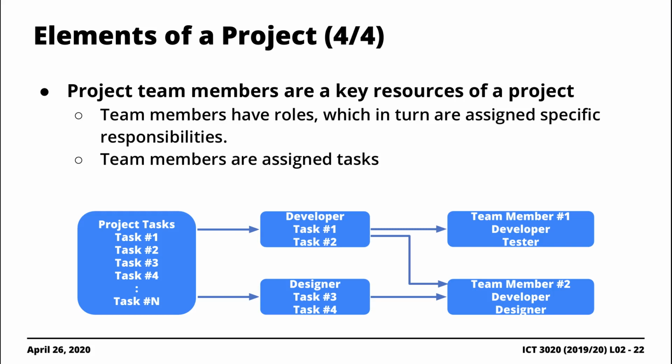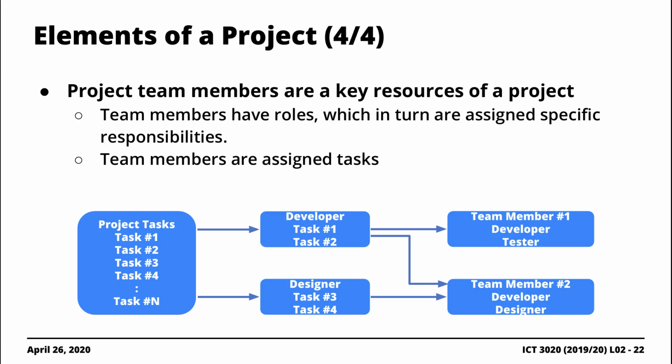So this whole notion of tasks and roles and human beings is really tied to this notion of teams, or human beings that are working as part of that project. We mentioned that a key resource associated with a project is obviously human beings. And usually those human beings would form so-called project teams that are a part of the project.